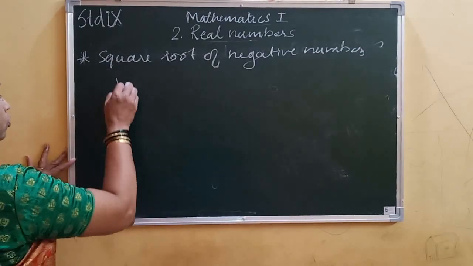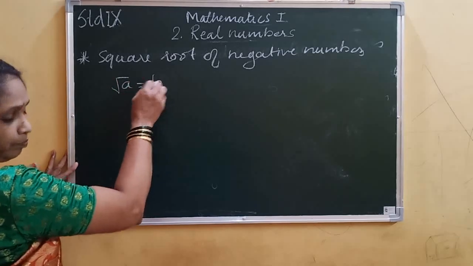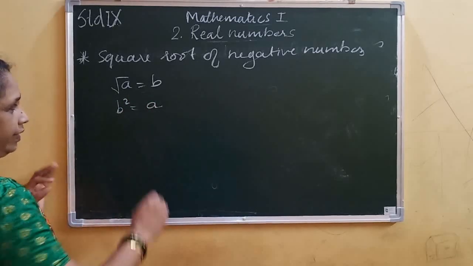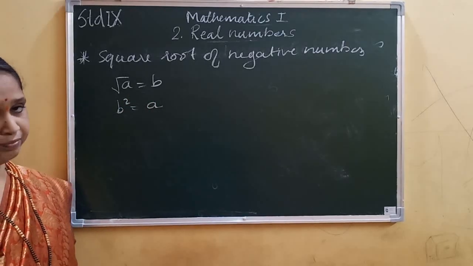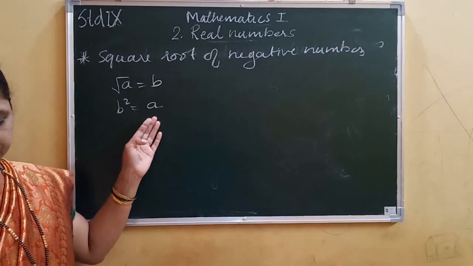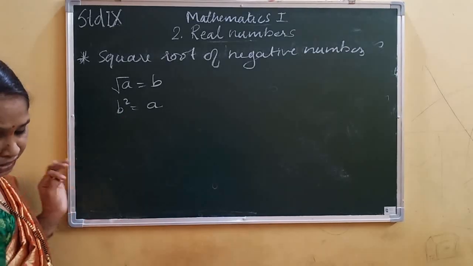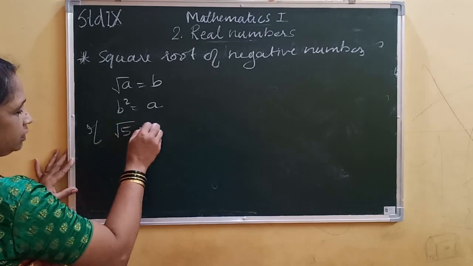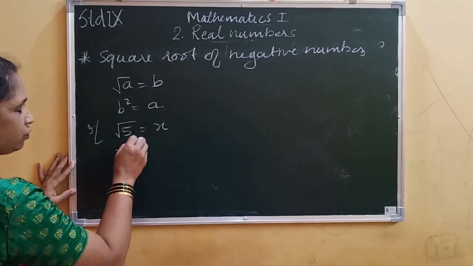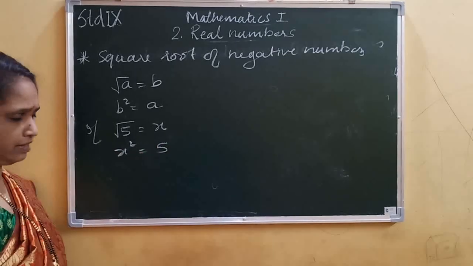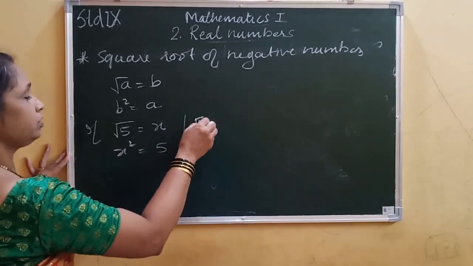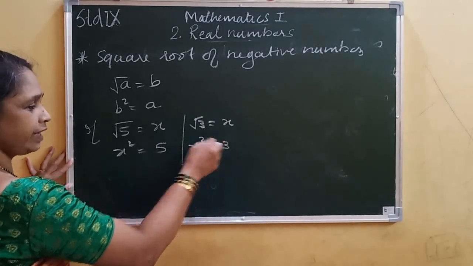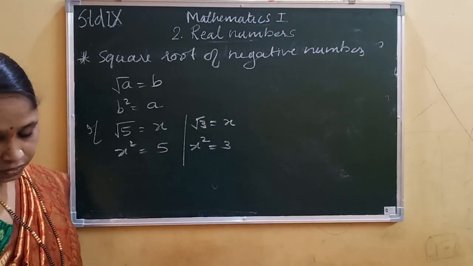In that, root A is equal to B. Means B square will be equal to what? A. If root A is equal to B, means if you square it, B square will be equal to A. Means suppose if root 5 is equal to X, then X square will be equal to 5. Now you can take root 3. Root 3 is equal to X, so if you square X, you will get 3. Okay.